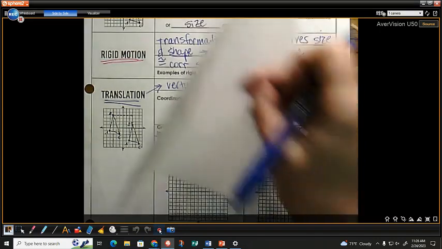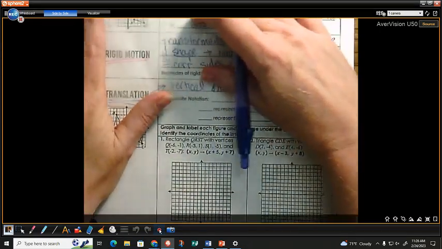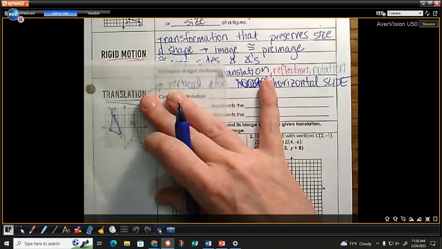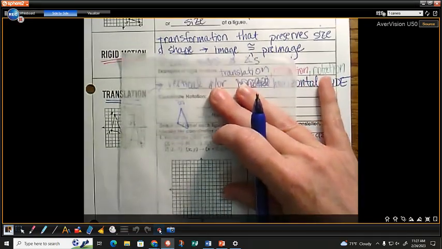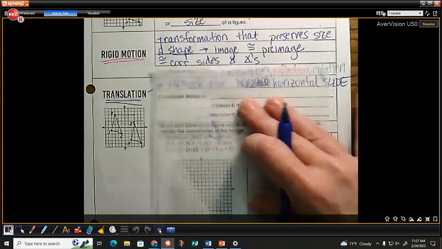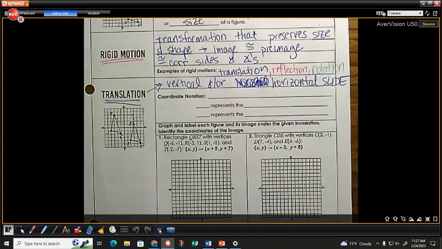But notice what it doesn't do is change its direction. So I can slide it horizontal. I can also slide it vertical. Okay? So I can take this guy and I can slide it up and down, or any combination of up and down, but I don't turn it. It stays pointed in the same direction every time. Okay, so it's a horizontal slide or a vertical slide.